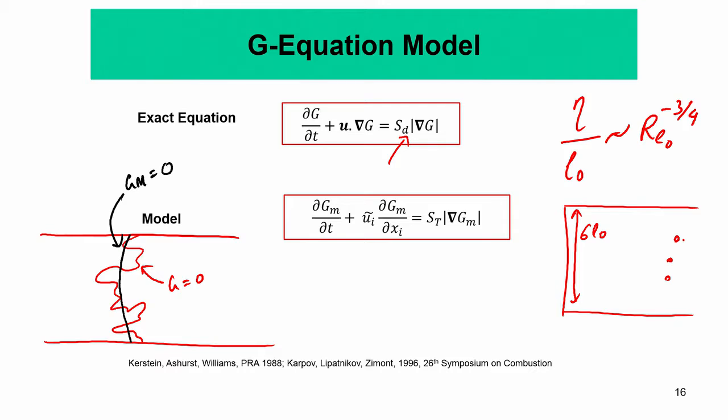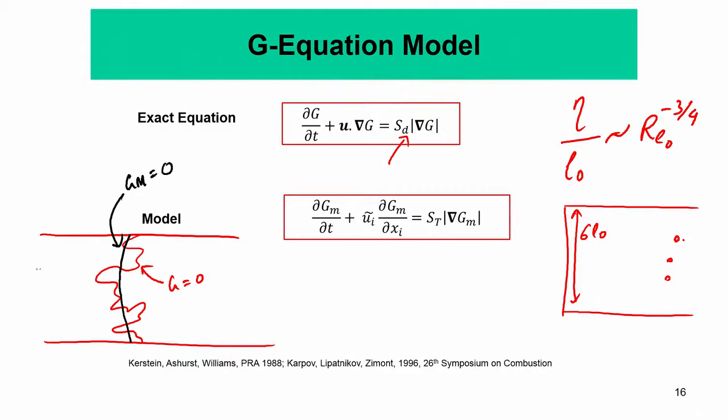So this is the propagation of this G_M, which is supposedly the flame surface averaged over all possible locations of the instantaneous flame surface. So this is essentially the mean flame surface model.